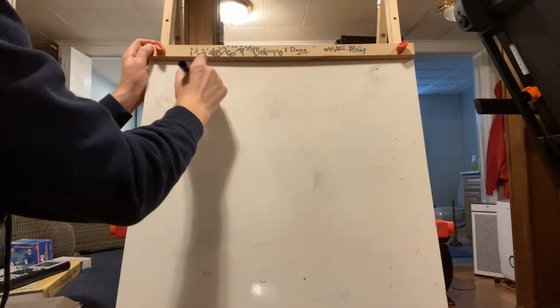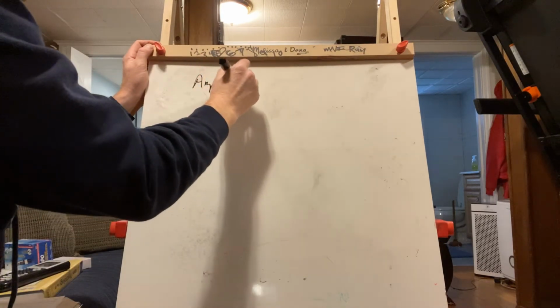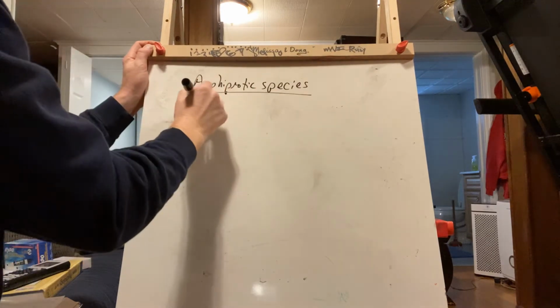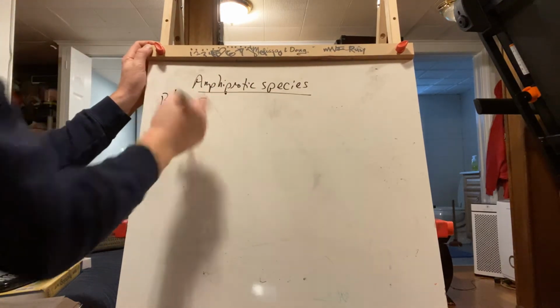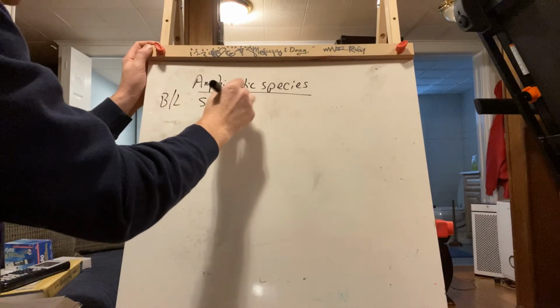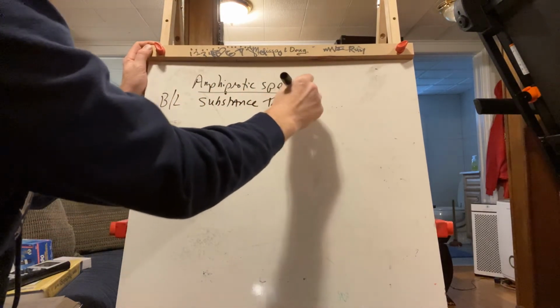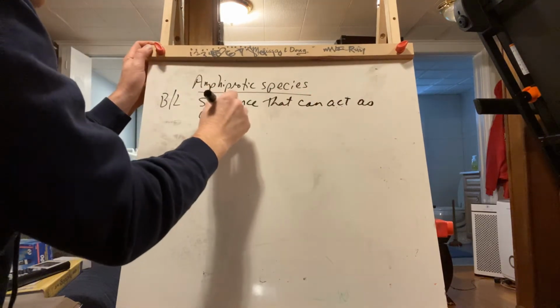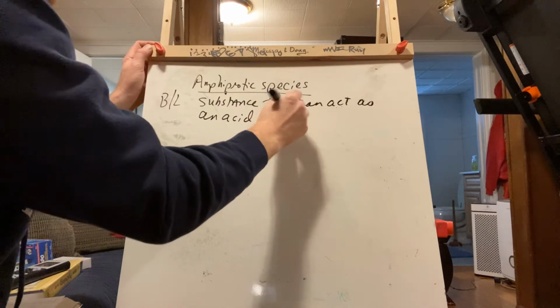Amphiprotic species are usually Bronsted-Lowry substances that can act as an acid or base.